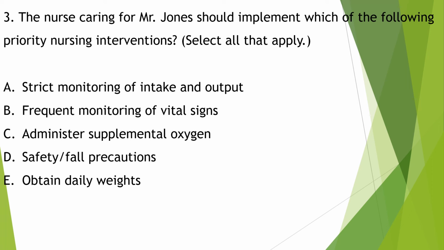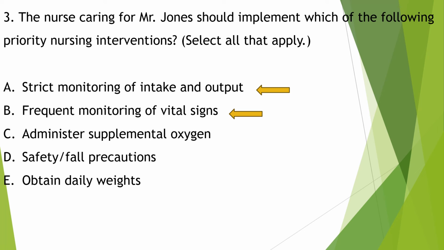Strict monitoring of intake output is required for patients with renal insufficiency or renal failure to carefully assess fluid balance status and ensure that the decreased functioning of kidneys does not result in fluid volume excess. Mr. Jones' vital signs reveal hypertension, which is a common finding in patients with renal insufficiency or renal failure. The blood pressure and pulse should therefore be frequently monitored, again as a measure of fluid balance status.